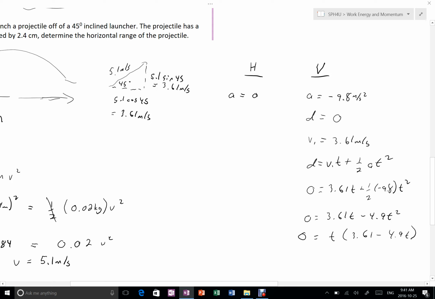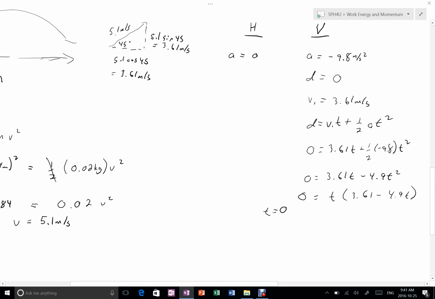So one solution to this is t equals 0. That's not an interesting solution. That corresponds to when the projectile was launched initially. The other solution here is 3.61 minus 4.9t equals 0. Solving this one gives me a time of flight of 0.737.